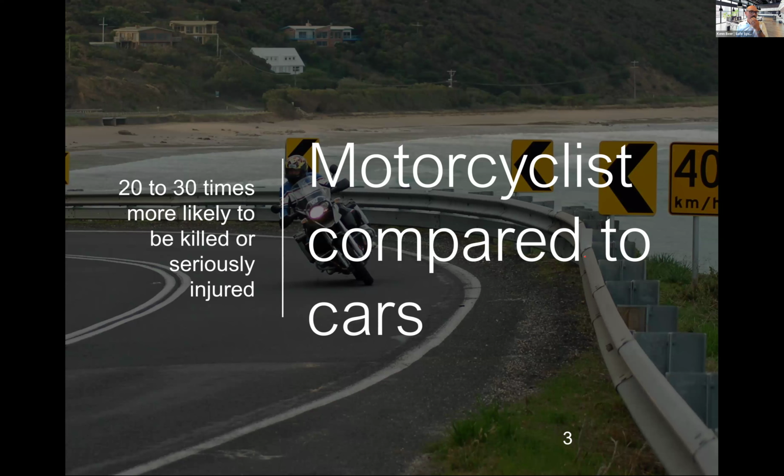And it's a combination of vulnerability, as in physically being exposed to the impact energy and the like, and being able to do that at the speed of a car without the shell of protection. Then there's some other compounding factors there. You've got the fact that the rider is smaller, so it's hidden behind more objects.